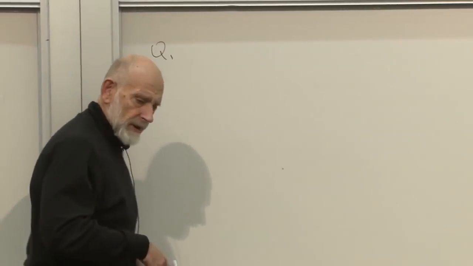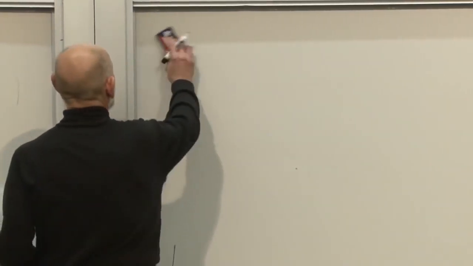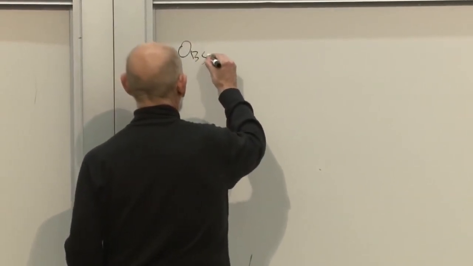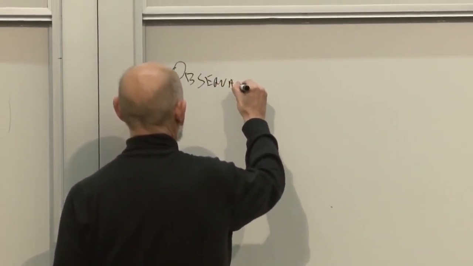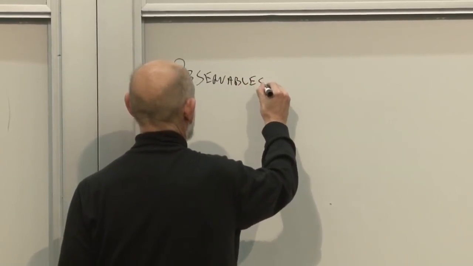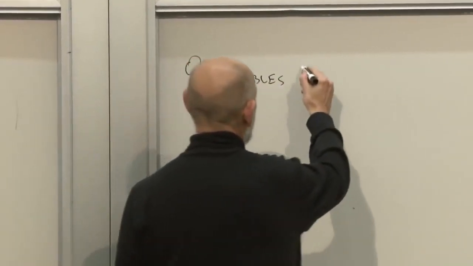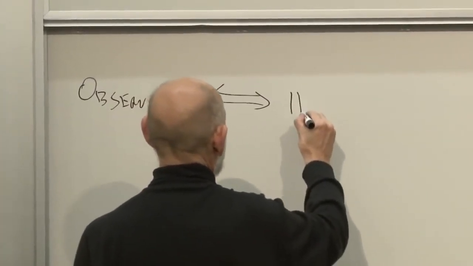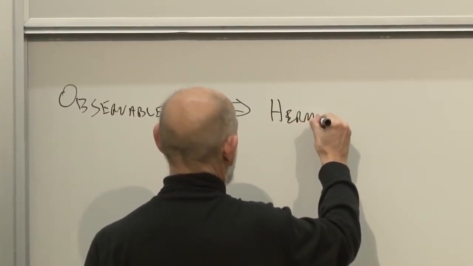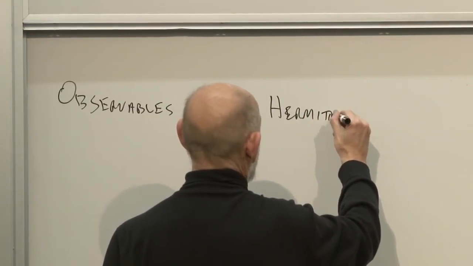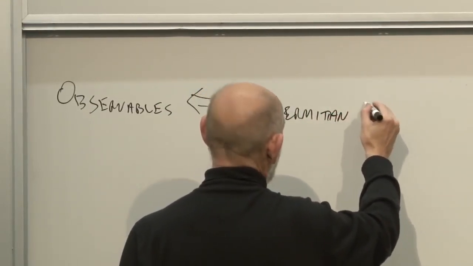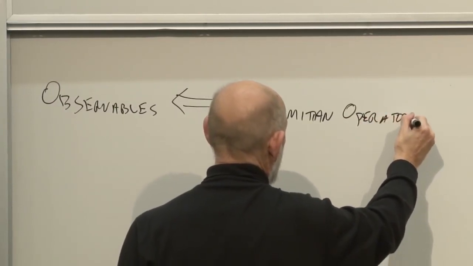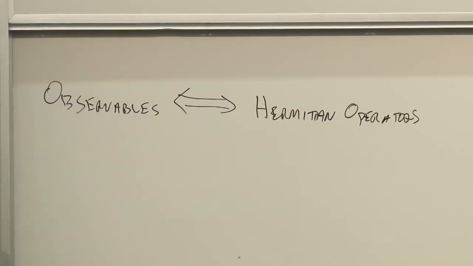Observables are represented by Hermitian linear operators, of course. First statement.